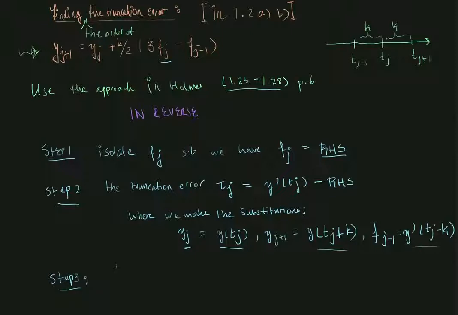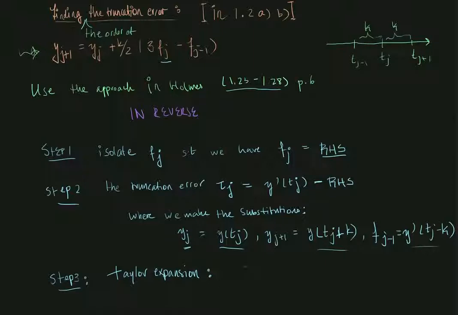which is Taylor expansion. And in the first part of this exercise, in A, what's interesting for us is how we can use Taylor to find an expression of y in tj plus k and find an expression of y prime in tj minus k.